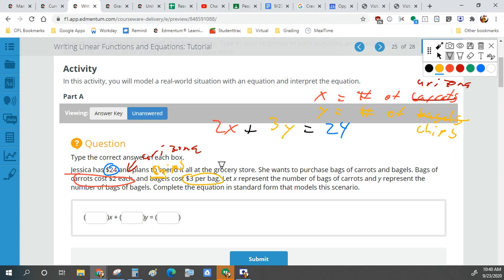All right, so when we're doing this, we're going to try to figure out how much we can buy. That's expensive, like $3 for chips? But all right, so we have $24 to spend on Arizonas and chips. Oh, that's true, a big bag of chips would cost like $3. That makes sense.